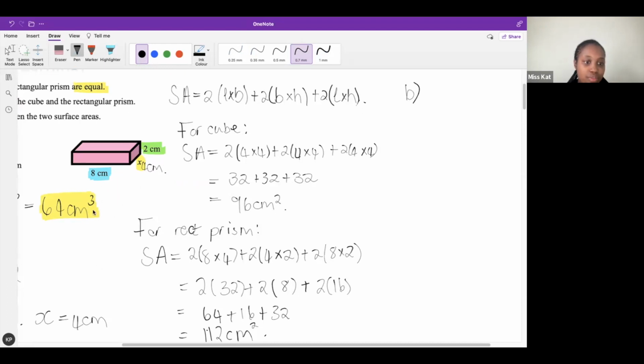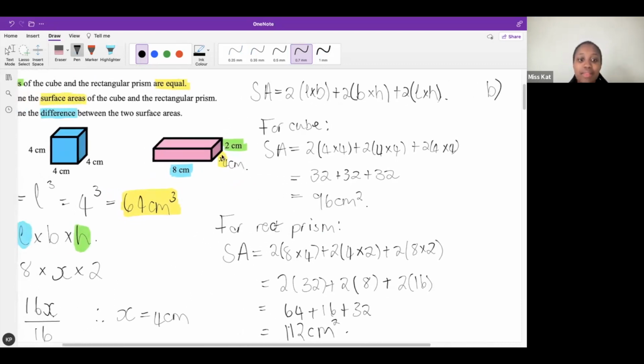Why is it the 2 in the formula? Is there always a 2? Yes, there always is a 2. Remember, surface area means the areas of the surfaces, right? I'm going to show you with the pink shape. This surface in front, do you agree that the one at the back is exactly the same as this one in front? Yes.